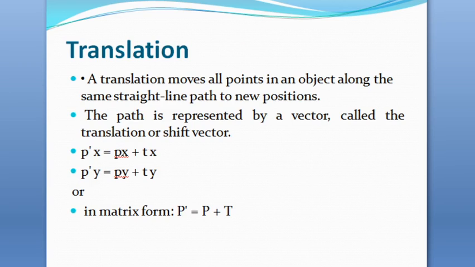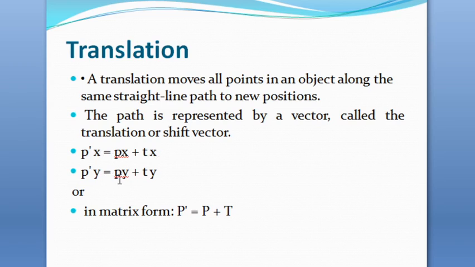The first one, translation. It moves all points in an object along the same straight line path to a new position. The object can be moved from one position to another position. The path is represented by a vector called the translation vector or shift vector. Here P dash x is the destination point's x coordinate, equal to the initial point px plus the incremental value tx along the x direction.